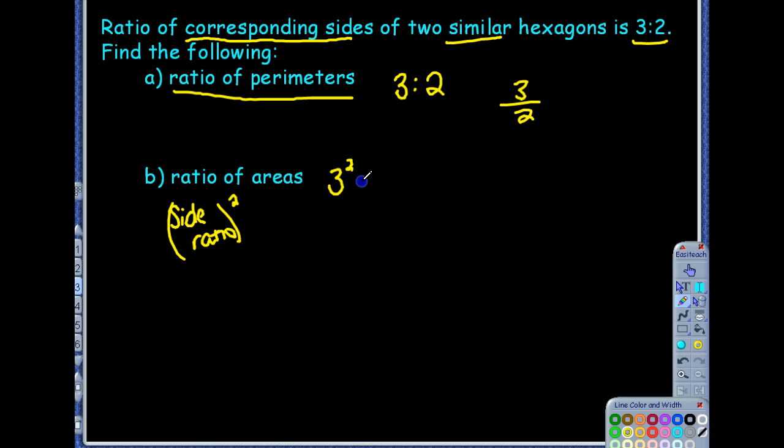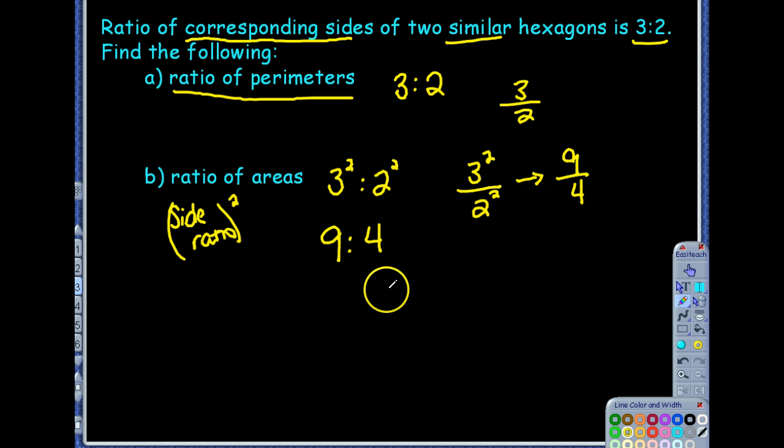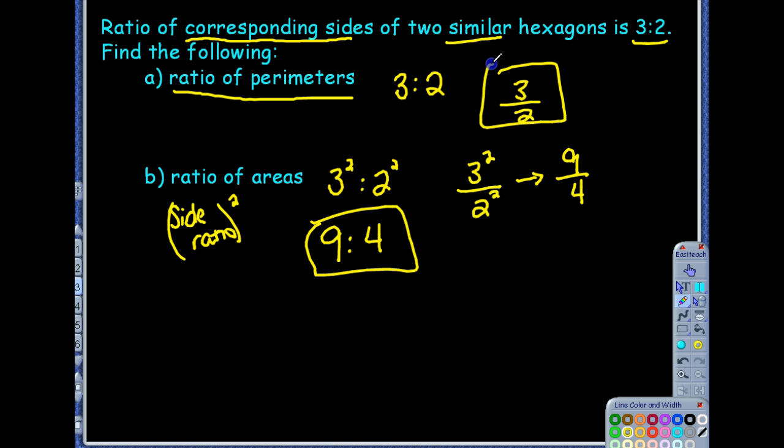So it'll be 3 squared to 2 squared, or 3 squared over 2 squared. We don't want to just leave it like that. What is 3 squared? 9. 2 squared is 4. So 9:4, or 9 over 4, either way you want to write that. Either way, make sure your ratios are simplified, just something to remind yourself as well, okay? And these already are, so we're good.